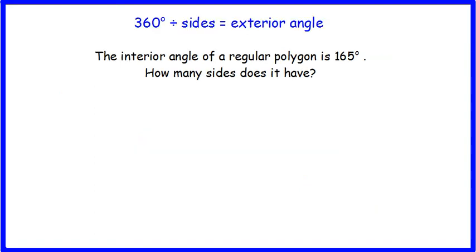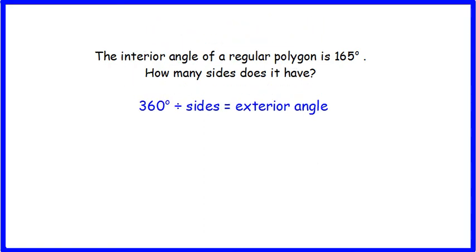The interior angle of a regular polygon is 165 degrees. How many sides does it have? Okay, so 360 degrees divided by the number of sides gives me, now just be careful here, it does say interior angle.